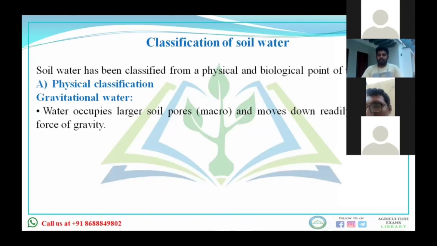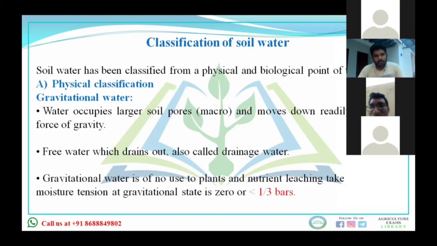So it is very necessary that it should be removed from the soil for the optimum growth of the plant. Generally, at the gravitational state, soil moisture tension is 0 or less than 1/3 bar. At least you should know this.